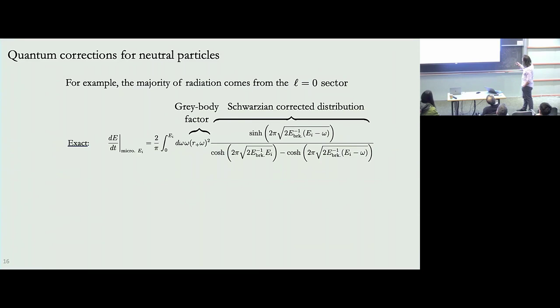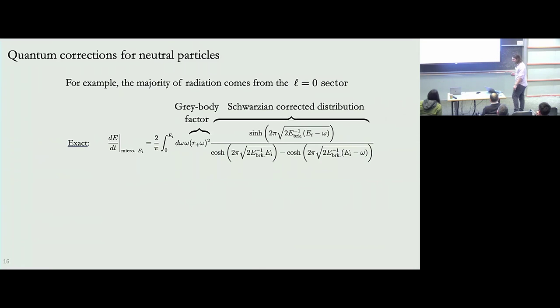It takes the following form. This is the Schwarzian corrected spectrum for a particle. And this is just the gray body factor that came from the wave equation that tells you how difficult it is for this neutral particle to escape the near horizon region.